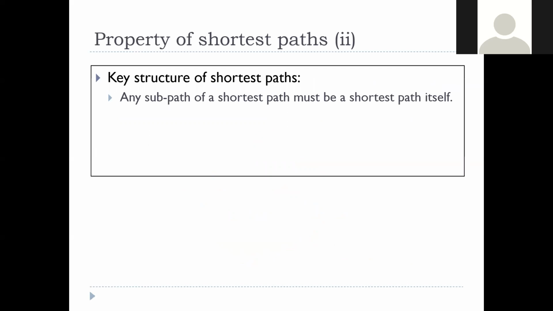It's also very intuitive. What it says is that any subpath of the shortest path must be a shortest path itself, okay? What does it mean? So suppose I have a shortest path. Let's say that this one first reaches W1, and then from W1 continues to reach W2, and then it reaches V, okay?